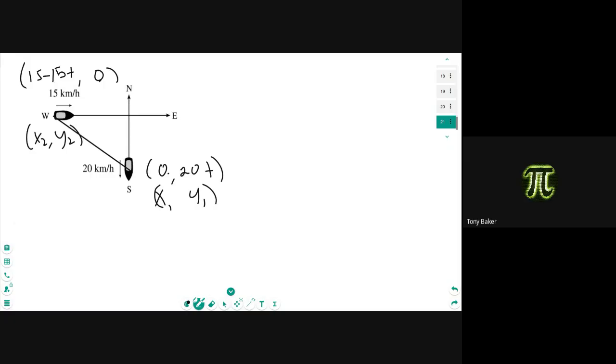All right, so these are the points as they're traveling. So the dock is here. So we want to find our distance formula for this. So distance is x1 minus x2 squared plus y1 minus y2 squared.